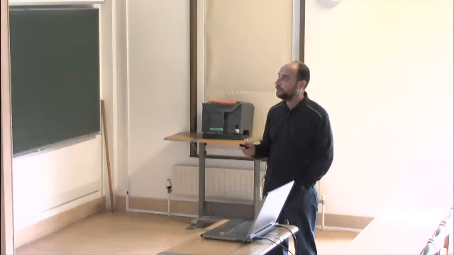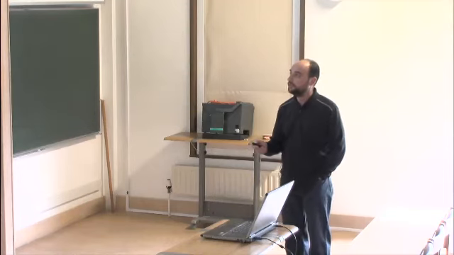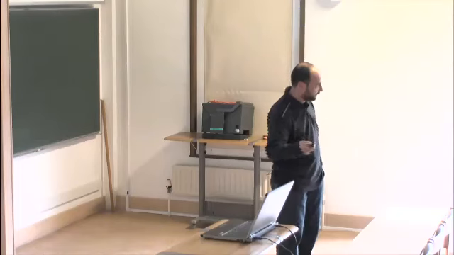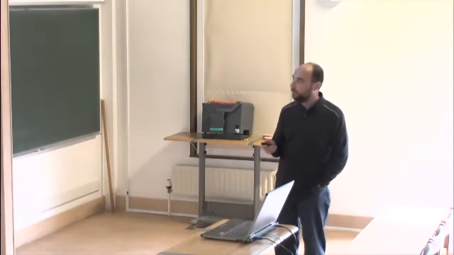The martingale is a continuous martingale, and we specify the quadratic variation we want. And this term includes mutation. I'll explain what that means. A is the generator of some semigroup, so when it acts on constants, it gives 0.